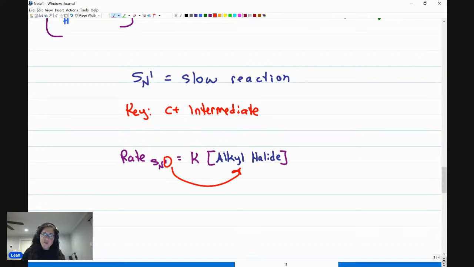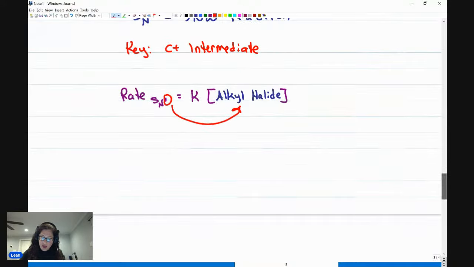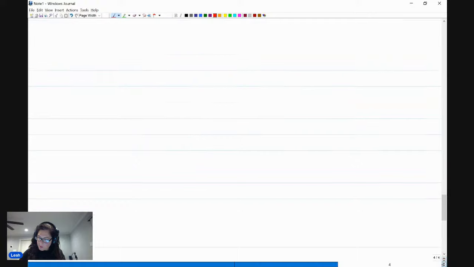Now, when it comes to an SN1 reaction, even though we know the general mechanism and we know that it's a slow reaction, how slow it is will change depending on what we're looking at. I gave you a starting molecule that looked like this with a bromine.